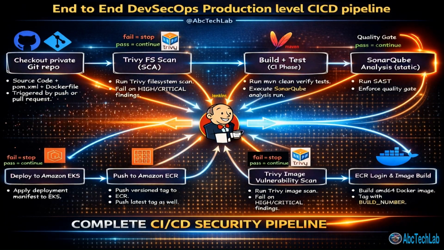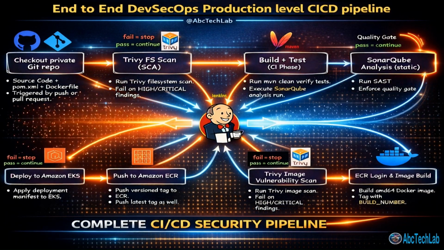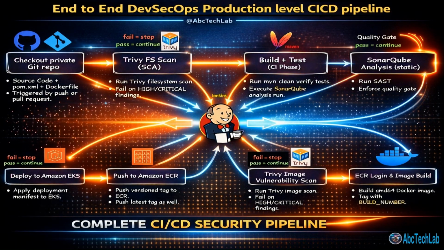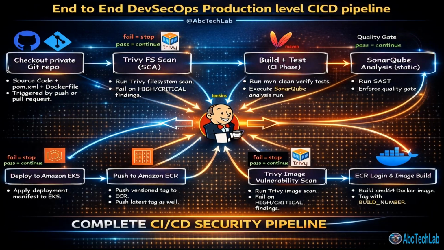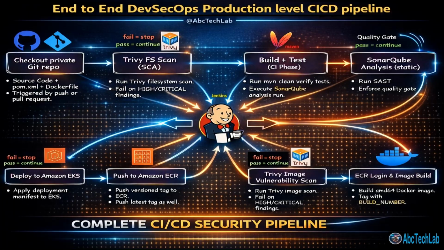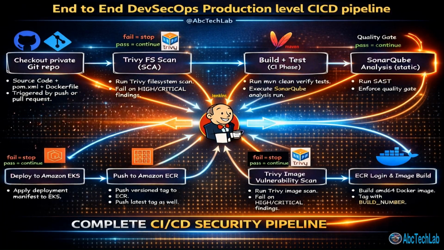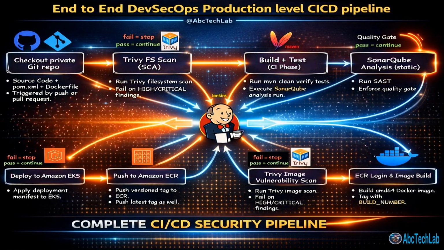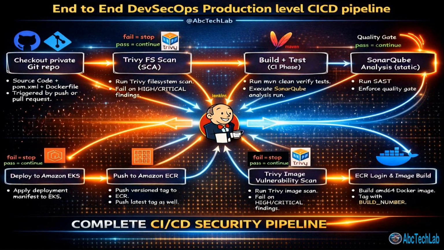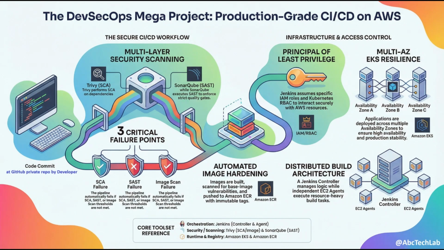Today, we are building a full production grade DevOps pipeline that combines Jenkins, SonarQube, Trivy, Amazon ECR, Amazon EKS, RBAC, image scanning, and build rollouts. We'll cover the installation and configuration of the Jenkins controller on EC2, setting up a secure SSH agent, installing SonarQube with PostgreSQL, and configuring quality gates.